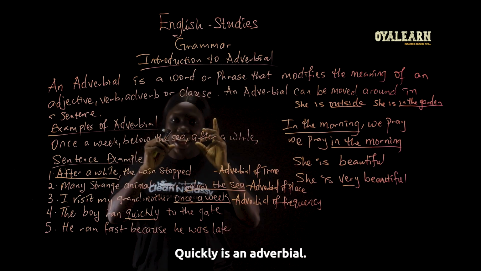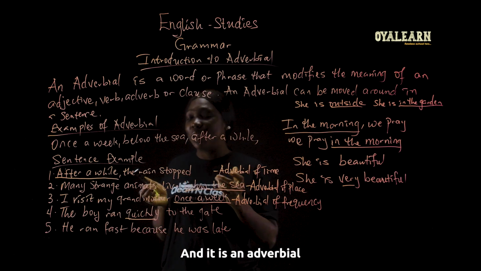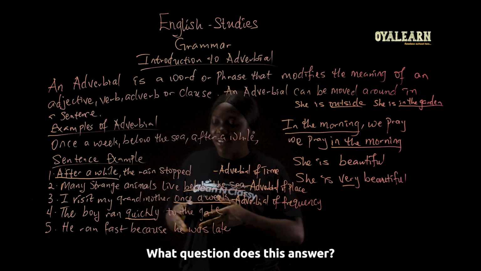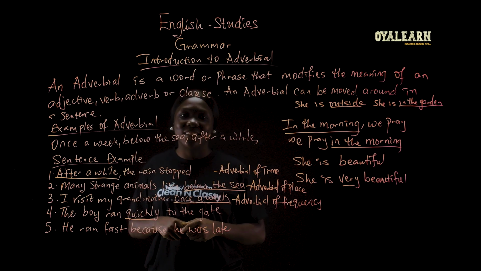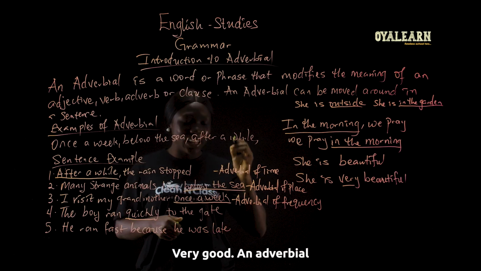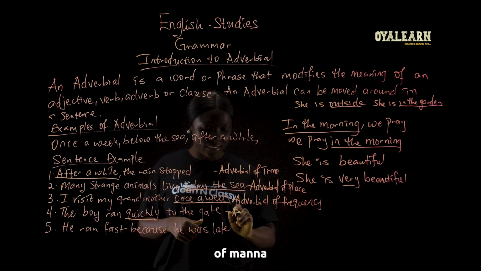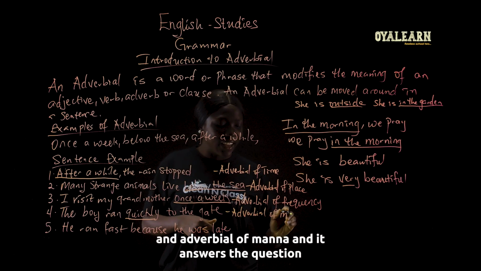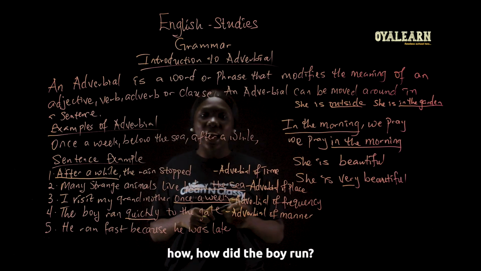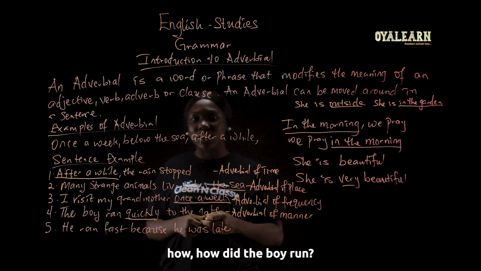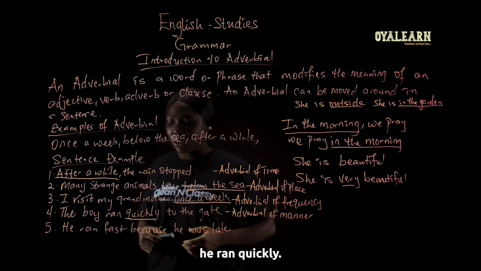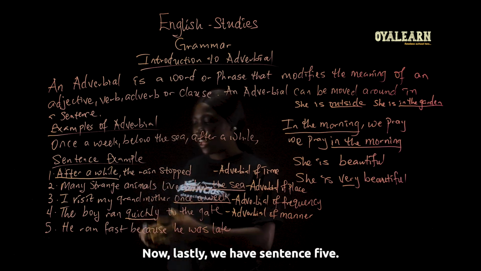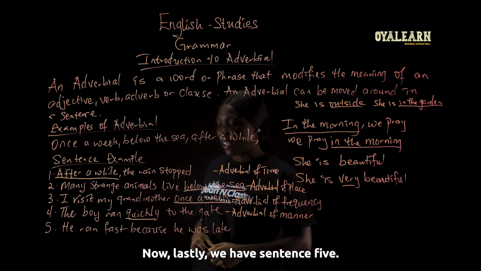Quickly is an adverbial, and what question does this answer? Very good. An adverbial of manner, and it answers the question how. How did the boy run? He ran quickly.